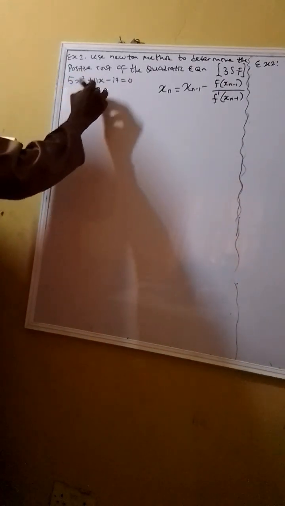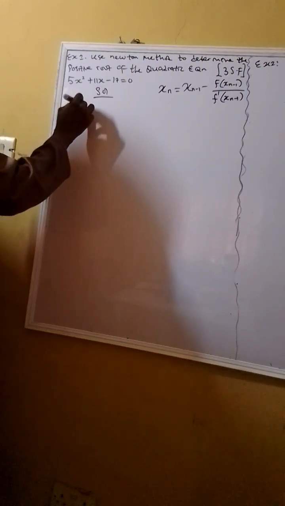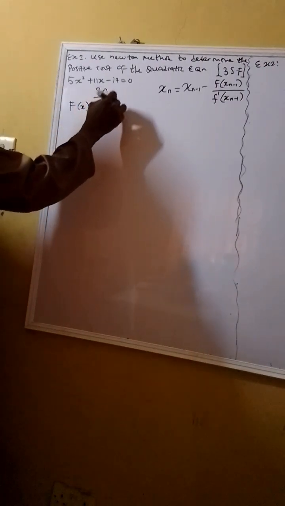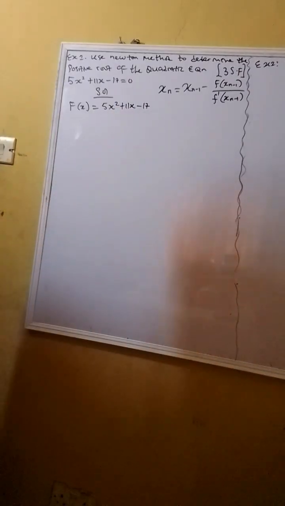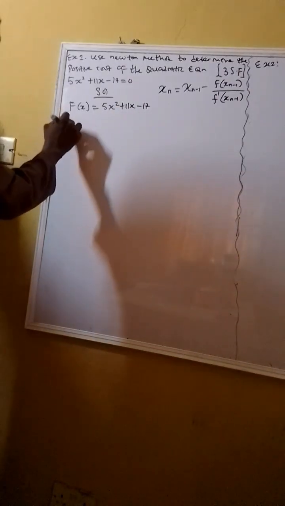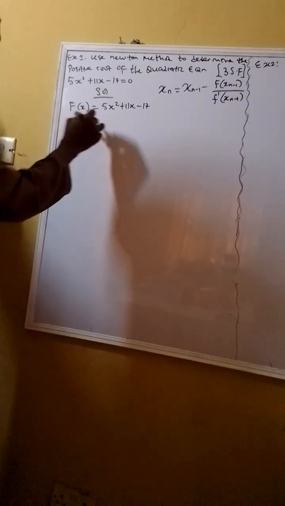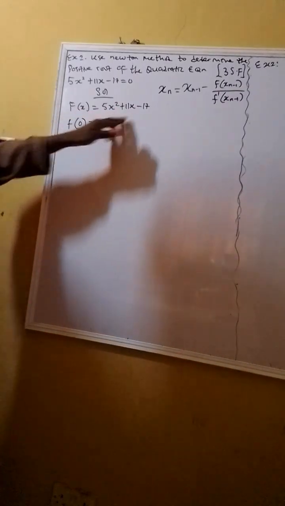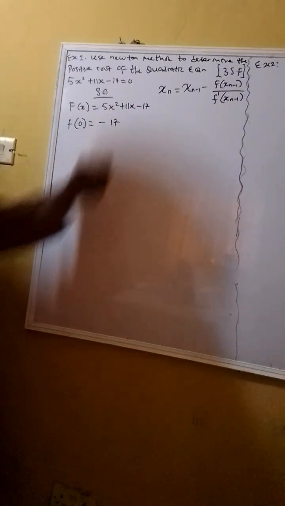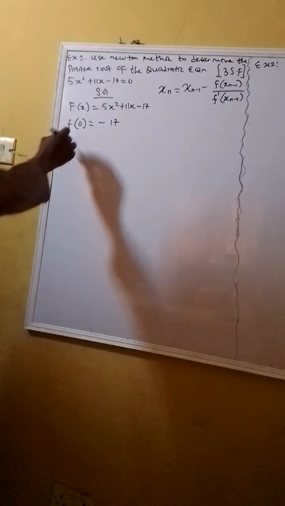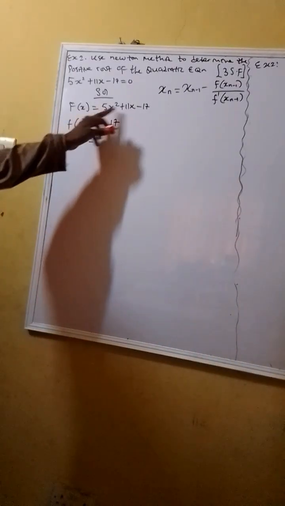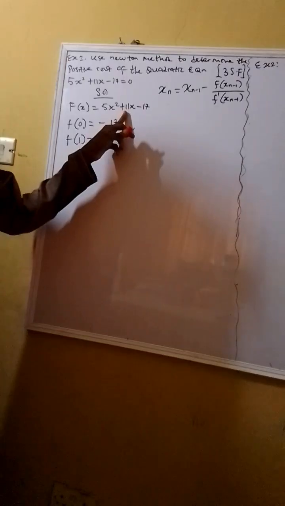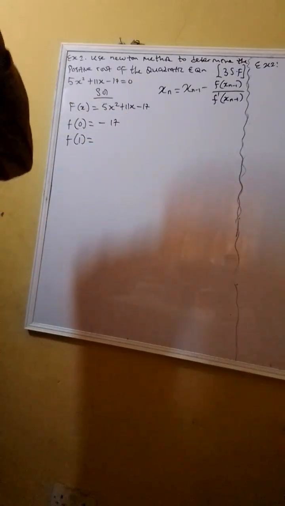And we know from here this is a function of x equals 5x squared plus 11x minus 17. So we keep testing each value. We check f at 0. At this point of f at 0, you are going to have minus 17. This becomes 0, this becomes 0. So you test f at 1. At f of 1, you have 5, plus 11. That should give you 16, right?